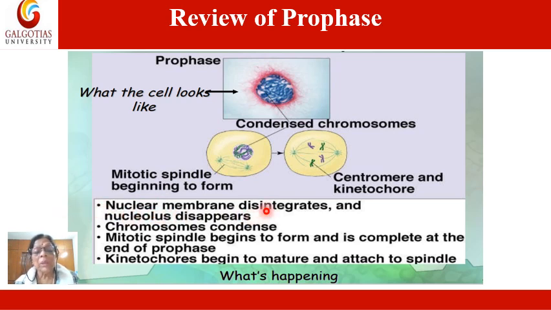The nuclear membrane disintegrates and the nucleolus disappears in this stage. Chromosomes condense, and the mitotic spindle begins to form and is complete at the end of prophase. Kinetochores begin to mature and attach to the spindle. These are the spindle fibers.